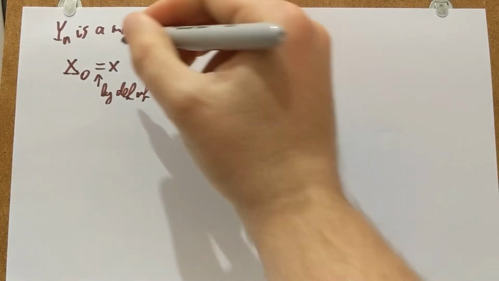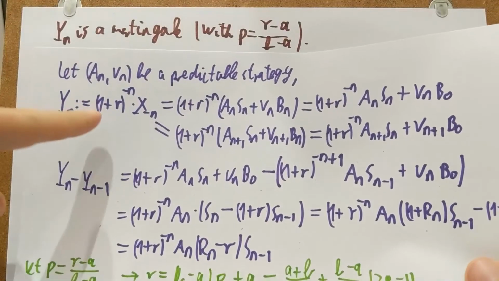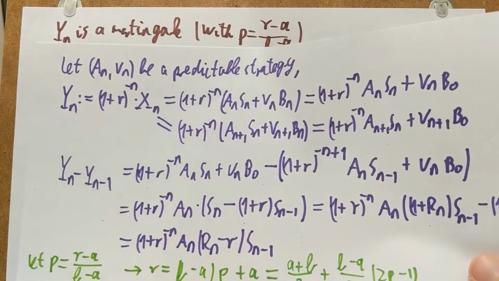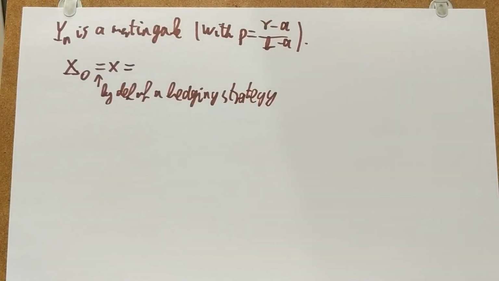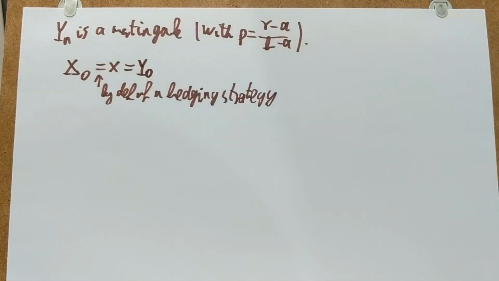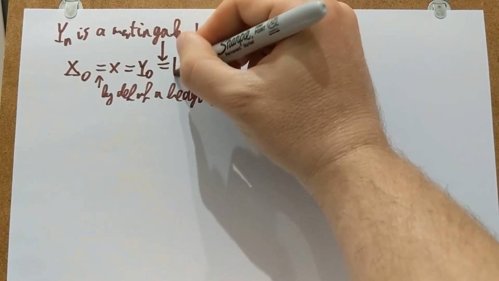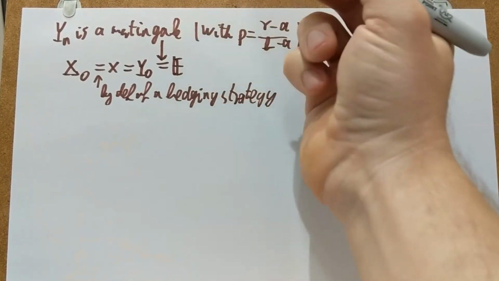What is the connection between X naught and Y naught? Well, Y naught, according to our definition, is 1 plus R to the 0 times X0, so it's just X0. So Y naught is the same as X0. Now, Y is a martingale, so I can write that Y naught is not random, right?